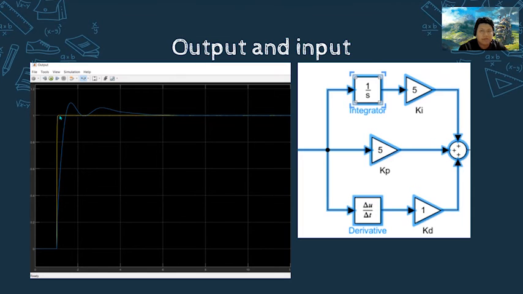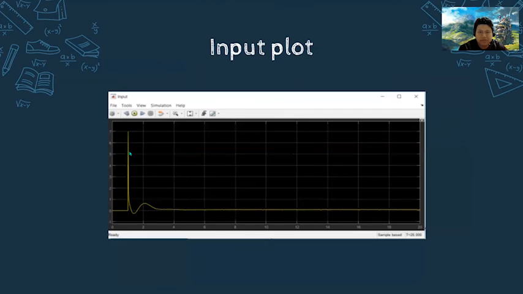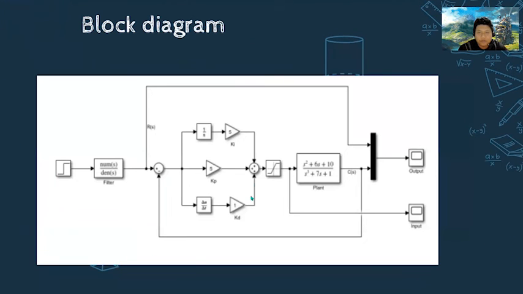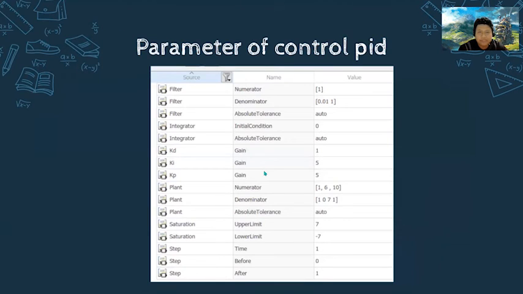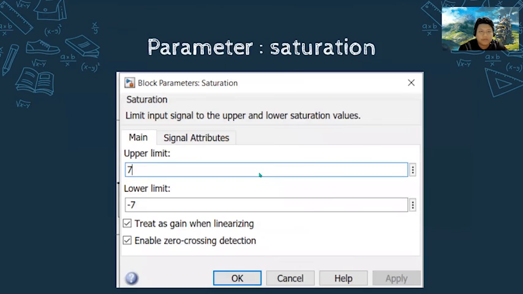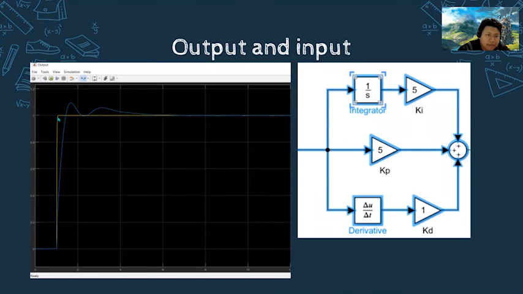When we put the saturation parameter, it gives us a slight corner that shows the system is not very short. So we can see the good plot of the plant system that we can change by this control value and by the integral, proportional and derivative.